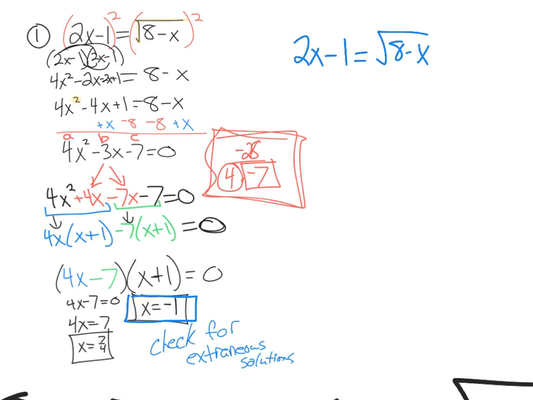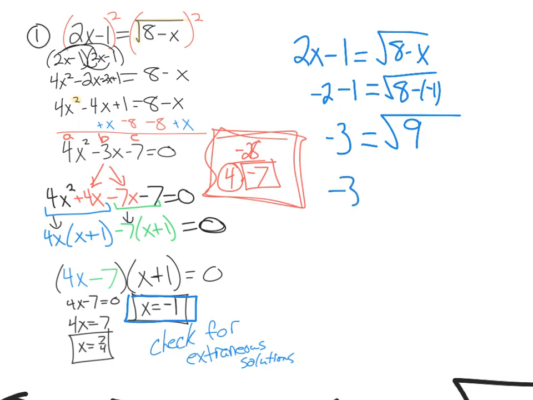If I put -1 into that equation, I'm going to get -2 minus 1 equals the square root of 8 minus a -1, which gives me -3 equals the square root of 9. Unfortunately, when we're taking the square root of 9, they're asking for the principal root. So that does not work. This guy is not a solution. That is called an extraneous solution.